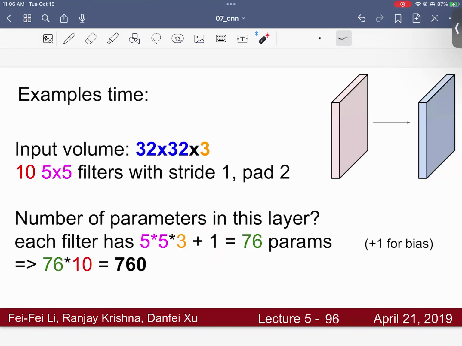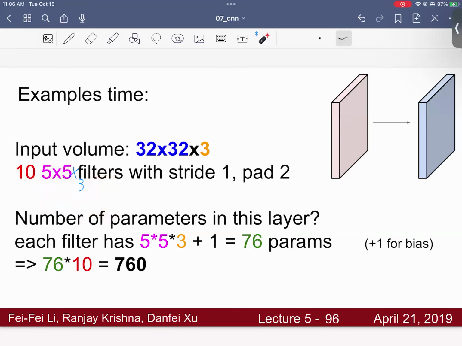Another question: when it comes to calculating parameter numbers, is the input channel not considered? The input channel 3 is considered because, as I said, it should be a 5 by 5 by 3 filter. So these two have to match, right? So the input channel is considered. 5 times 5 times 3 is 75, and there are 10 filters, so it's 750.